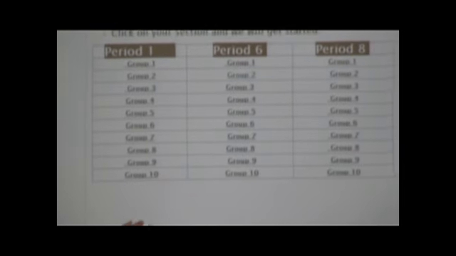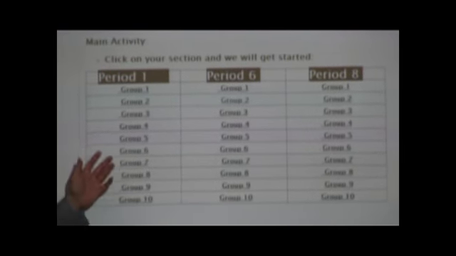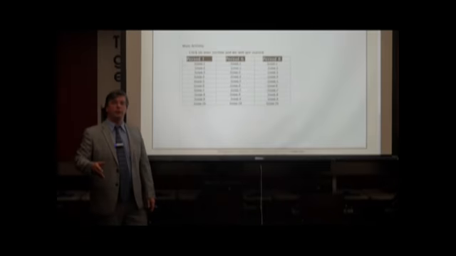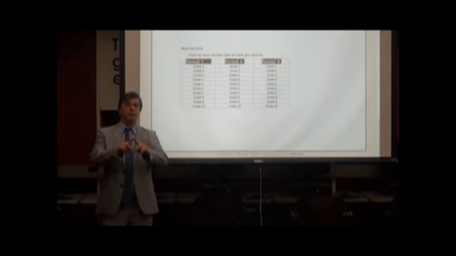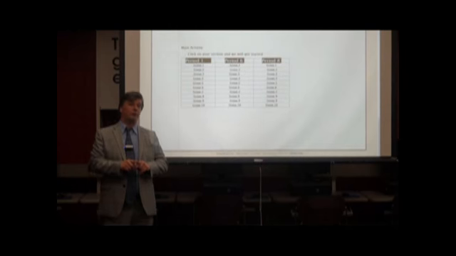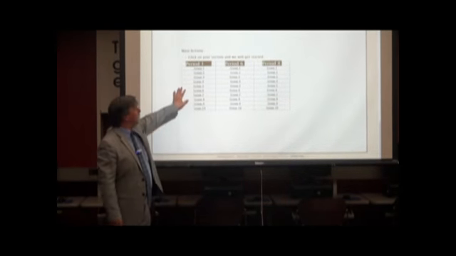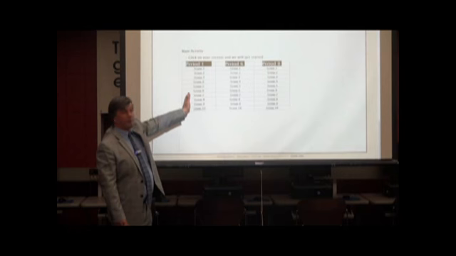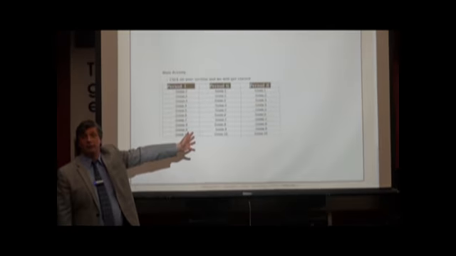It took 30 copies, but only about 2 minutes to make them all. And I just hyperlinked them here. So I have a folder with all these documents. If you were to open up my Google Drive right now, there's a folder that says homeostasis, articles, or whatever. At the top, there's my period 1, period 6, and period 8, when we taught this lesson. So I just made multiple copies.